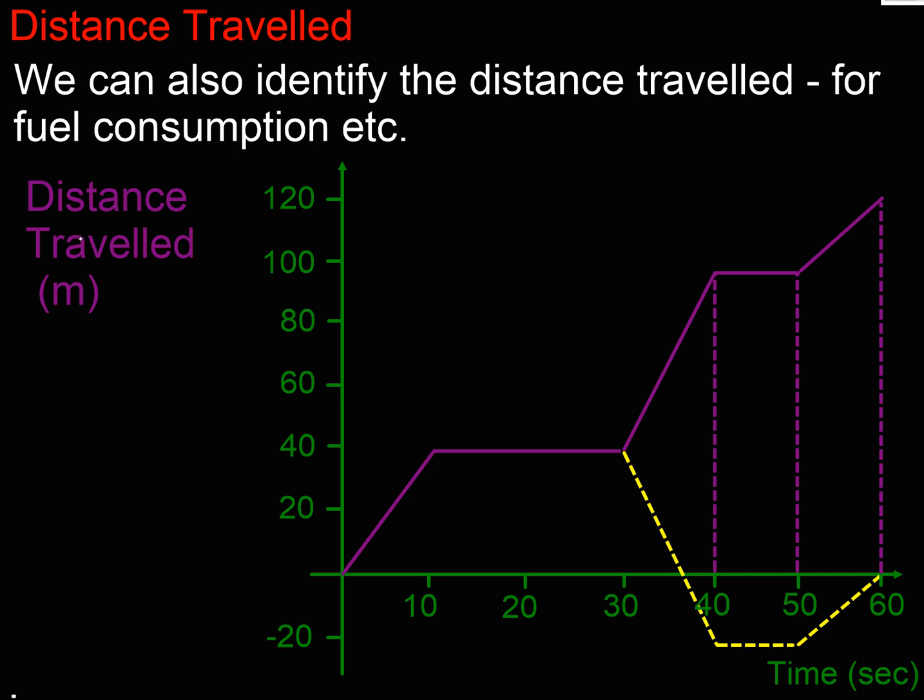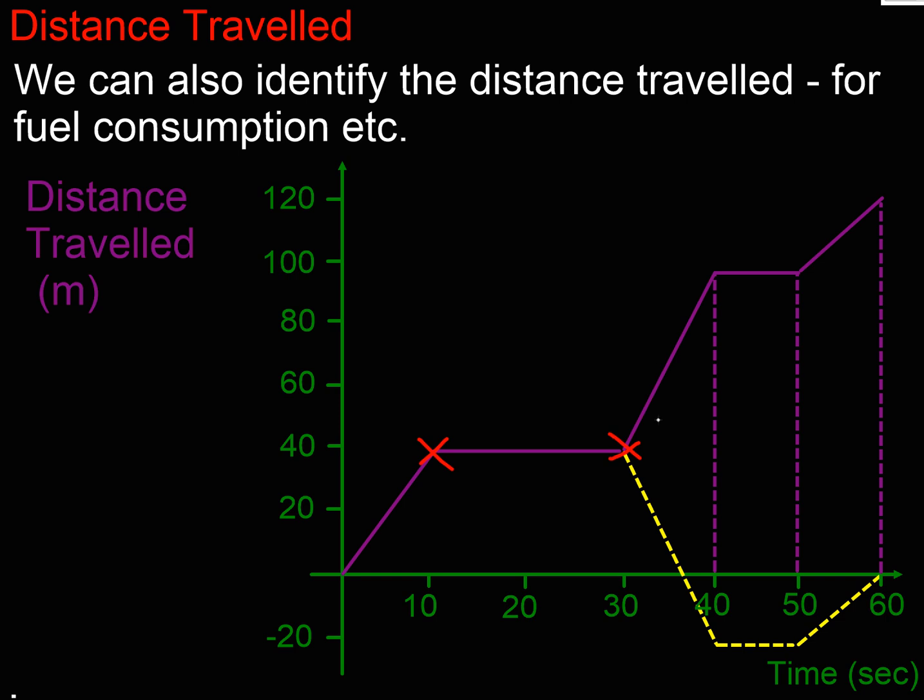Here we've got distance travelled versus time, and the first part of our graph looks the same. We've travelled 40 meters in 10 seconds and we stood still, but at this point here we're travelling further, aren't we? We might be travelling back towards our start point, but we're still travelling further and using fuel.